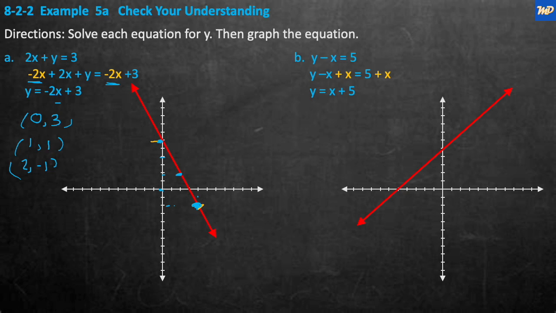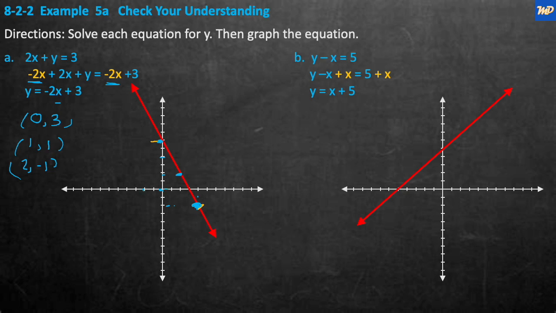If you pick negative 1 for your x value, you could go up here at negative 1 and find out what this is. Well, let's do it. Negative 1 times negative 2 is positive 2. Plus 3 is 5.